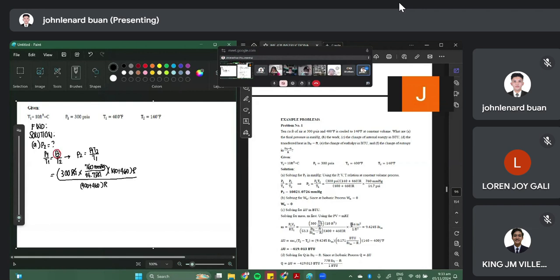So that is 300 times 760 divide 14.7 and then times 140 plus 460, all over 860. Napakadami namang decimal points nito. Okay, para gamit ang calculator: 300 times 760 over 14.7 times 140 plus 460 divide 400 plus 460.